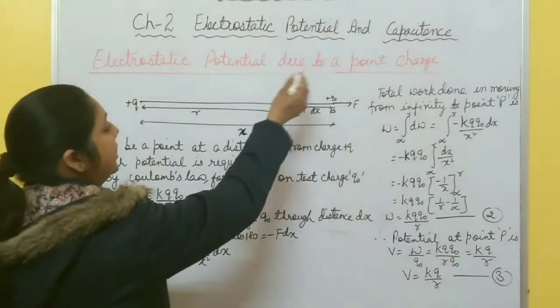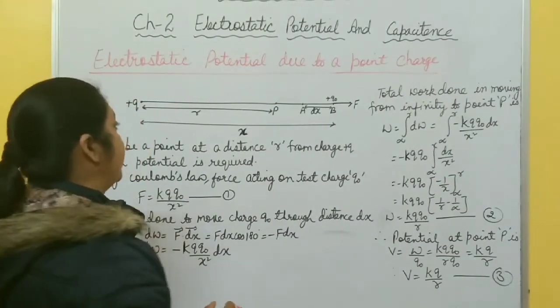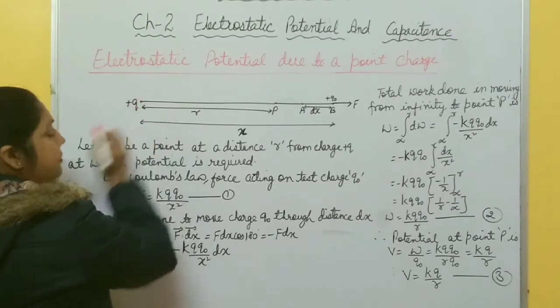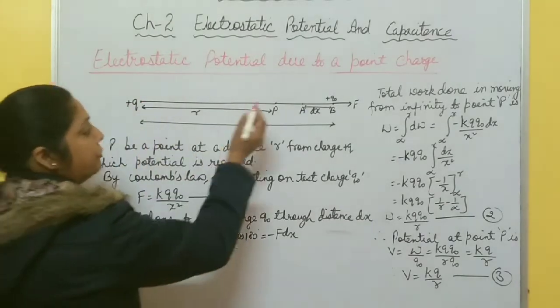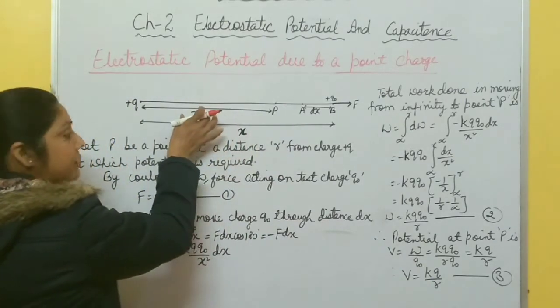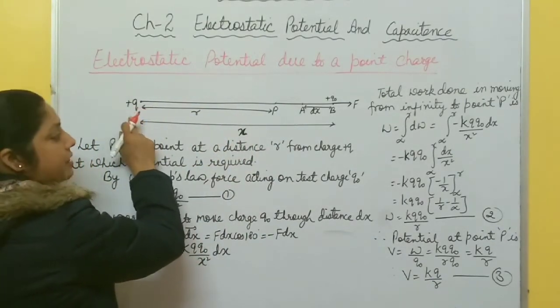Now, electrostatic potential due to a point charge. Suppose there is a plus Q charge, point charge at this point, right? Now you have to find potential at this point P, which is at distance R from this charge plus Q, right?